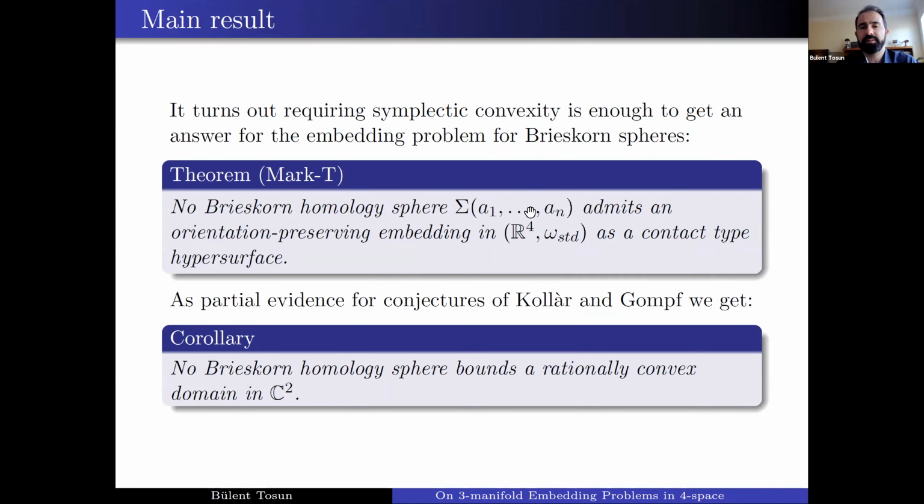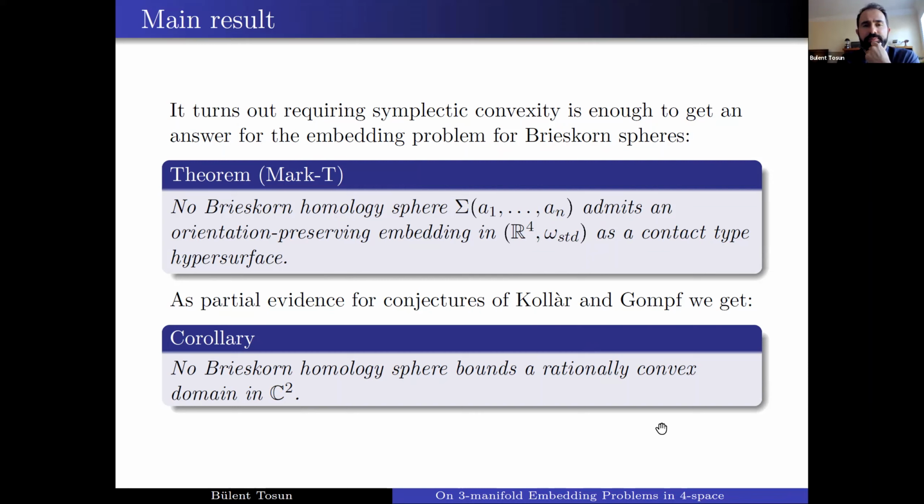Forget about general Brieskorn spheres; the situation was really just picking a particular Brieskorn sphere with 3 singular fibers, one at a time or a small family. So here, there's a uniform answer that they will never embed as a contact type hypersurface in R4 or a rationally convex domain in C2.